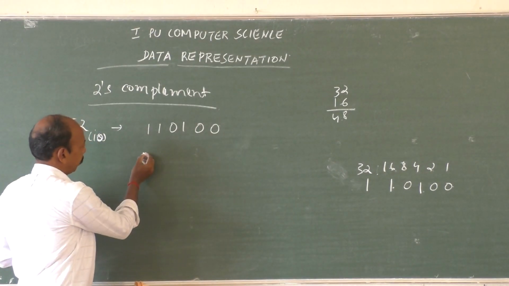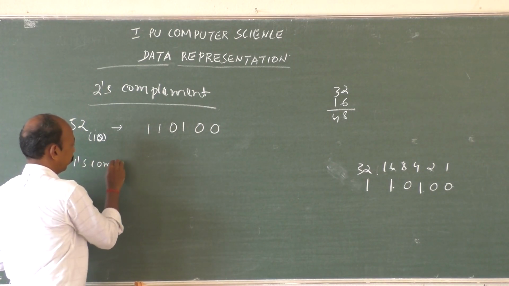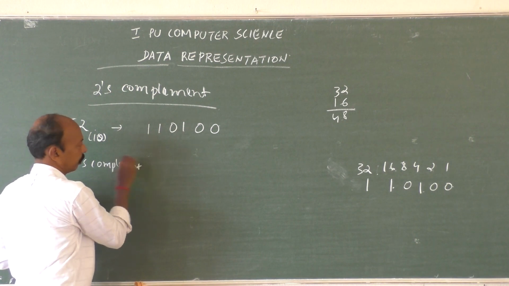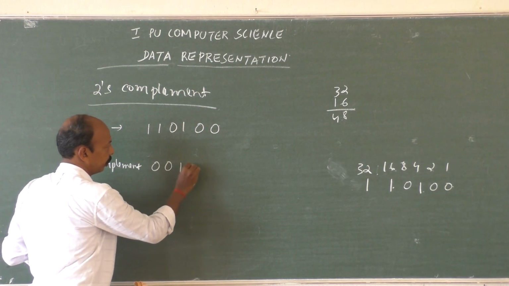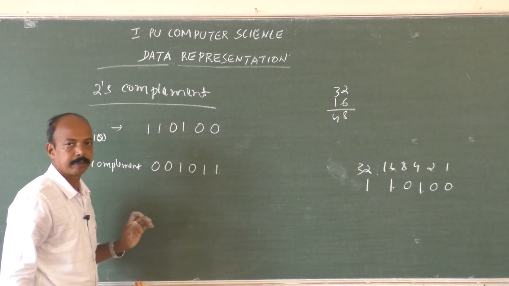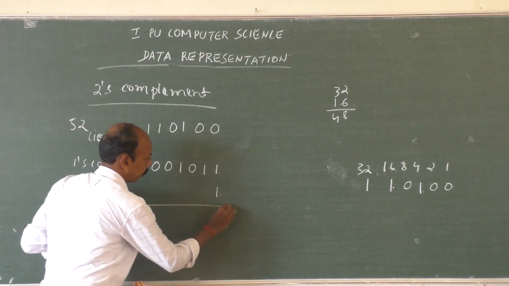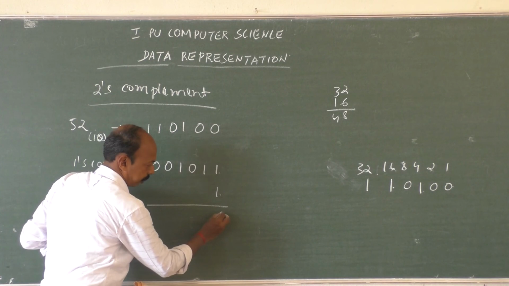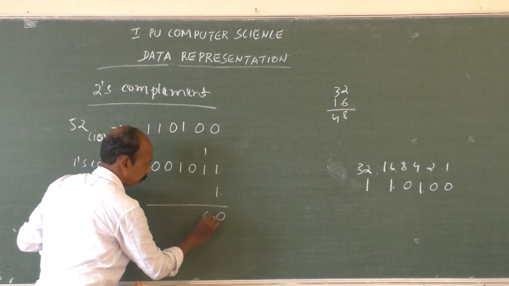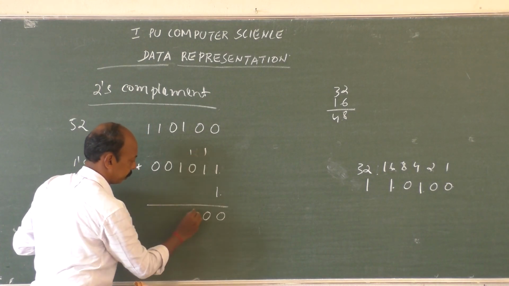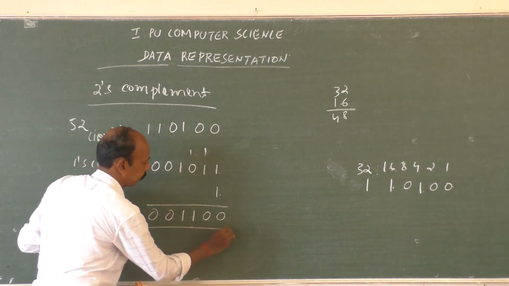Then the 1's complement will be 0, 0, 1, 0, 1, 1. Add 1 to this. 1 and 1 will be 0 with the carry 1. 1 and 1 will be 0 with the carry 1. So 1 here, 1 here, 0 and 0 here.